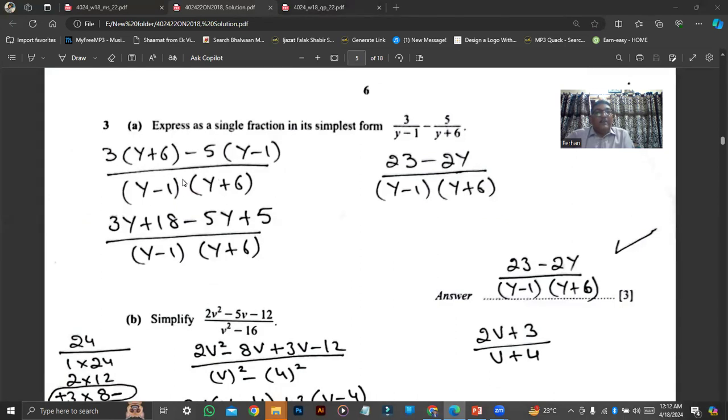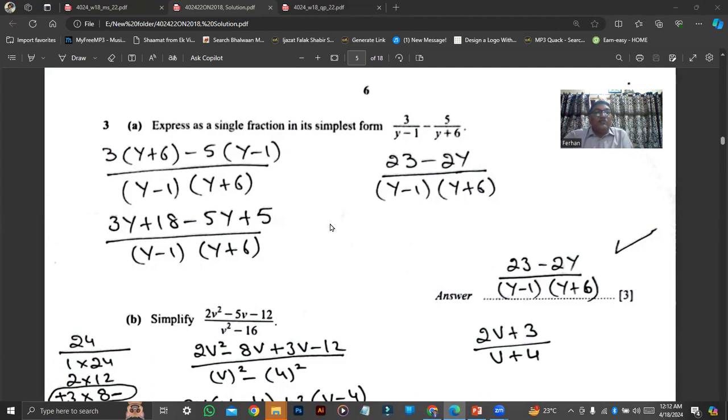When you divide the LCM by the first denominator, it cancels, and y plus 6 will multiply with the 3. Then you divide the LCM by the second denominator, y plus 6 cancels, and y minus 1 is left, which will multiply with minus 5.